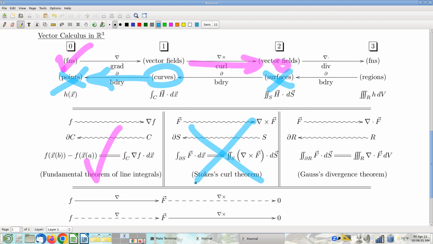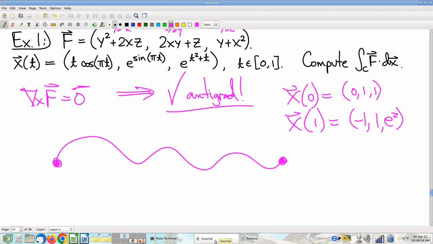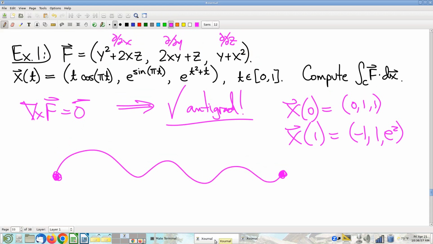Okay, 0. Cool. I have the option. The two endpoints are different. Forget Stokes. You can do this in 10 seconds. What this tells you is that you have a single accumulation theorem on the table, and it's a good one: the fundamental theorem of line integrals. That's how we're going to solve this problem. This is a fundamental theorem of line integrals question. How we doing? Everybody on board?